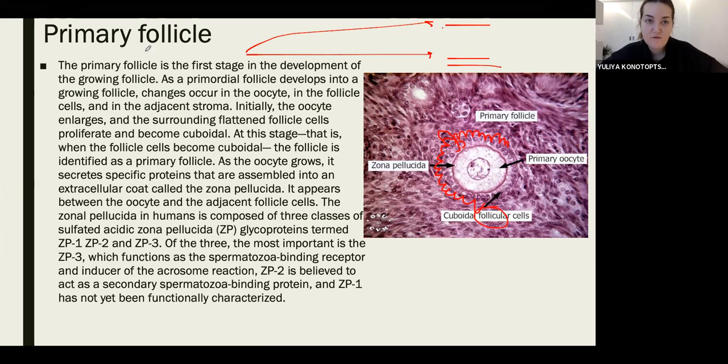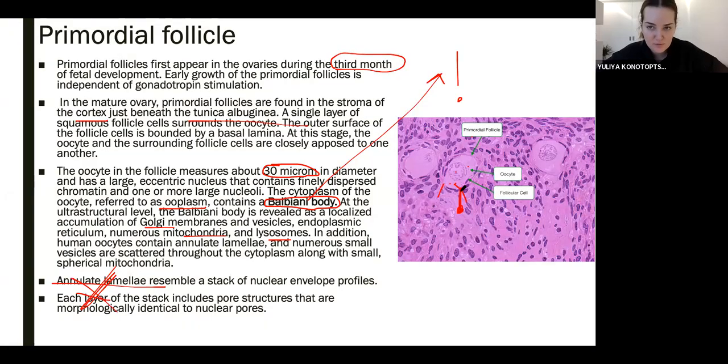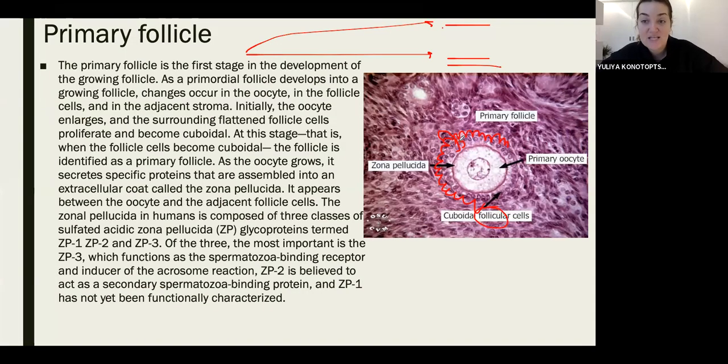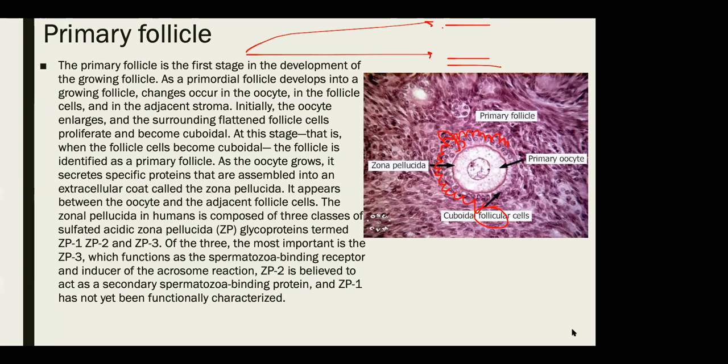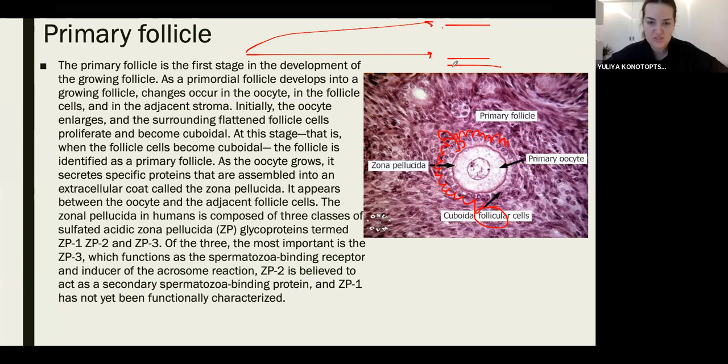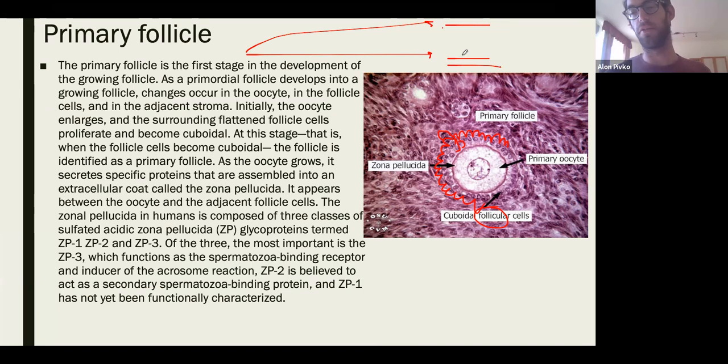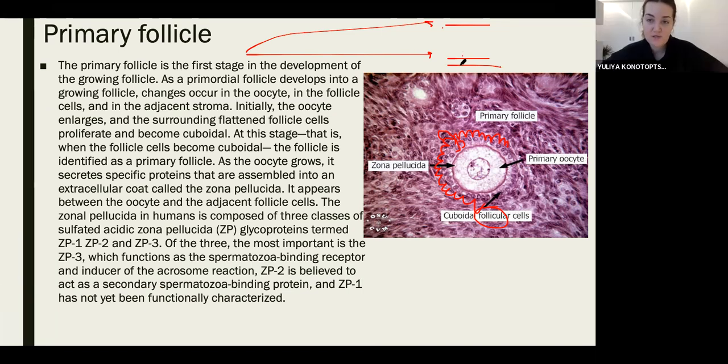So in the first stage of the primary follicle, it's just simple cuboidal follicular cells. They were squamous follicular cells, but they became simple cuboidal follicular cells. In the late stage of the primary follicle, follicular cells change to granulosa cells. And what are granulosa cells, basically? Stratified cuboidal follicular cells, very good.